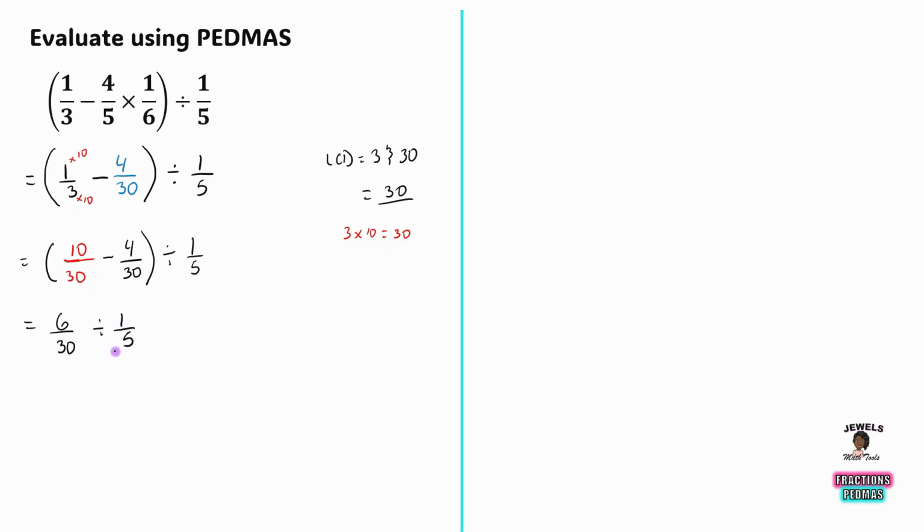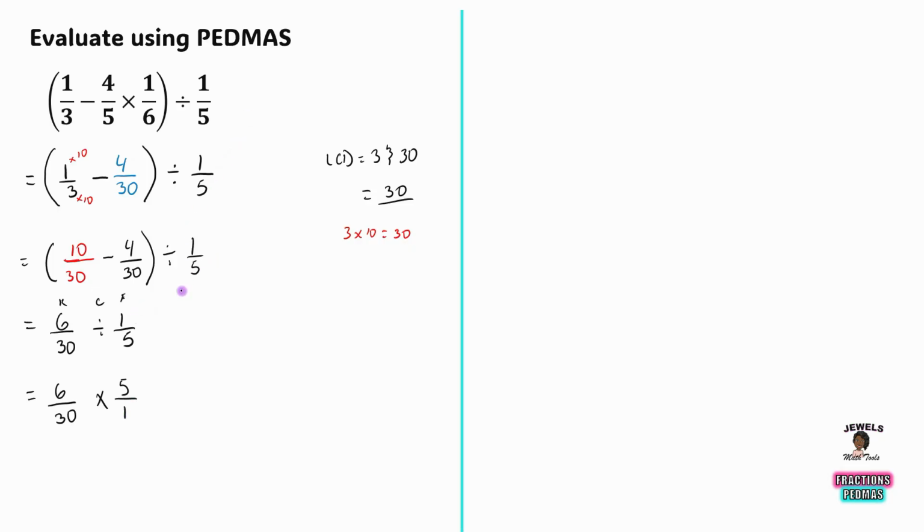Now remember that we're dividing at this point, and because we are performing division, we're going to apply our keep, change, and flip rule, which means I'm keeping my first fraction the same. I'm changing my sign to multiplication, and now I'm going to flip or take the reciprocal of my second fraction.